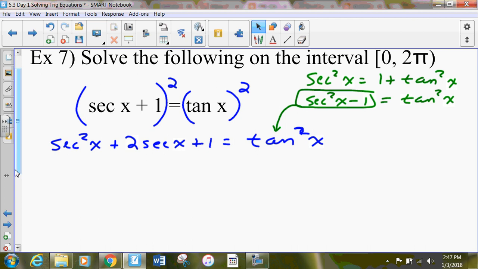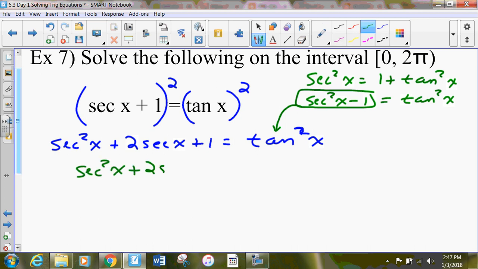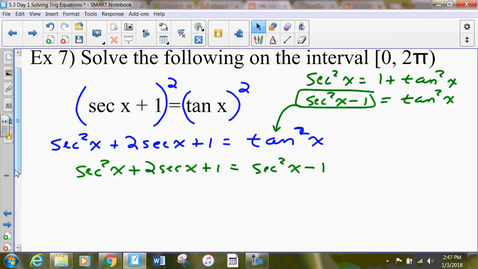So I'll rewrite this side, keep that the same, and then, instead of writing tan squared x, I'm going to write secant squared x minus 1. And now I'm like, great, my equation, if it can be solved, at least has a chance to be solved because I have all secants. And so here we go.